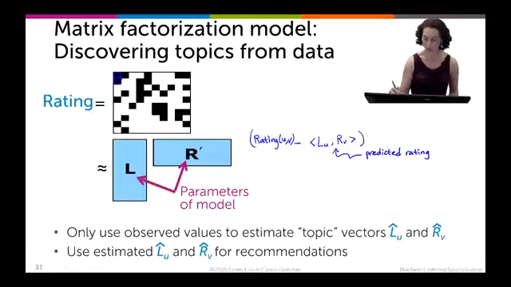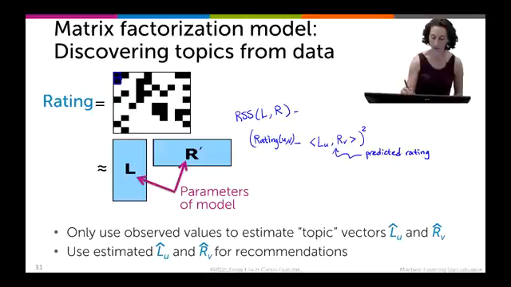What we're going to do is look at the difference between our observed rating and what we're predicting with our parameters L_U and R_V, and we're going to square that. And we're going to say our residual sum of squares of our parameters L and R is equal to this, and then we're going to sum over all movies that have ratings.